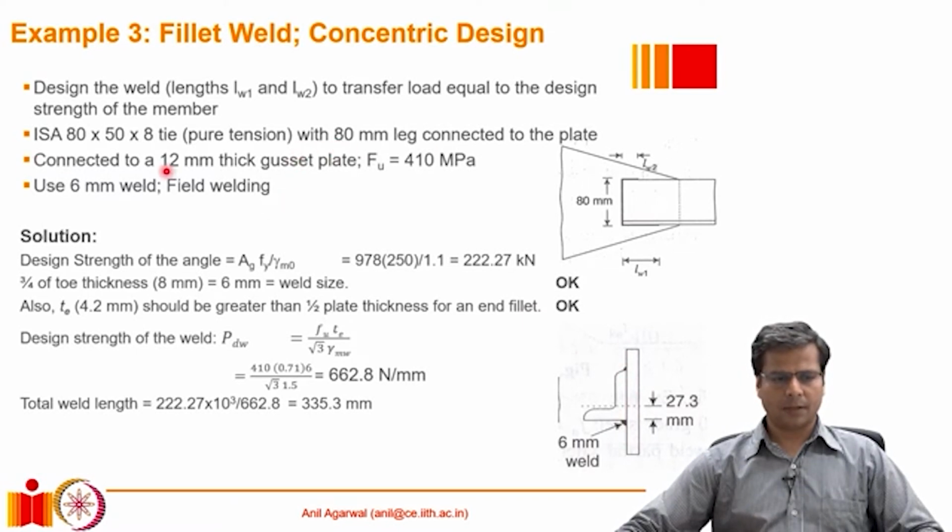The gusset plate itself is 12 millimeter thick, and both materials, the gusset plate as well as the angle, are made of Fe410 steel, which has an ultimate stress of 410 MPa and a yield stress of 250 MPa. We are required to use a 6 millimeter fillet weld, equal sided, and the welding is done in the field.